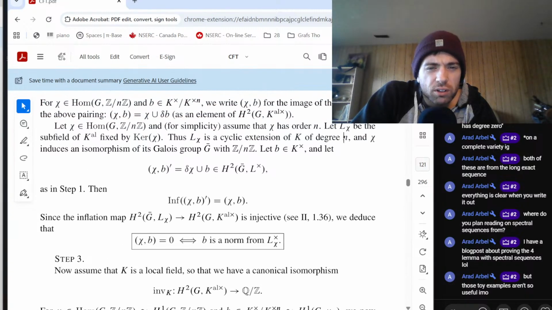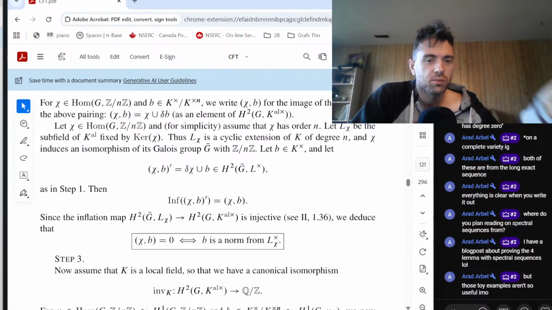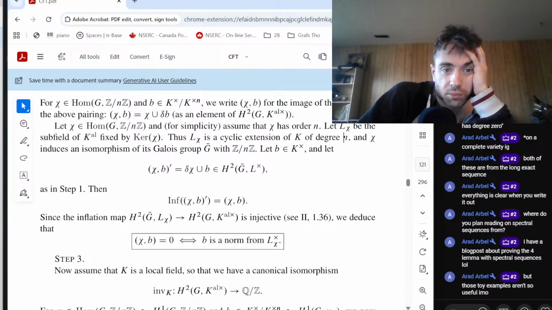Okay, what is going on here? So chi. We're debeanifying now. The old noggin's getting too warm with all this thinking. Chi has order n.